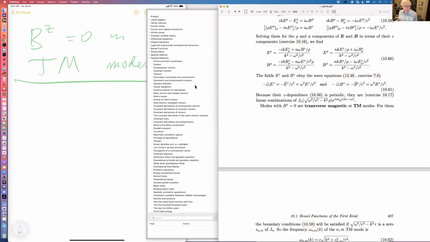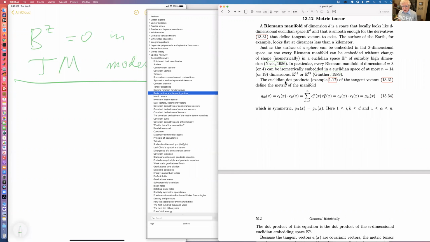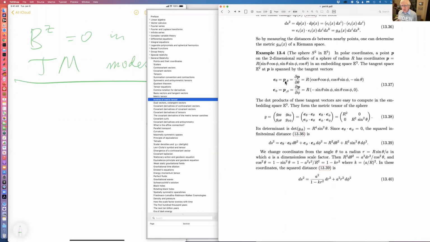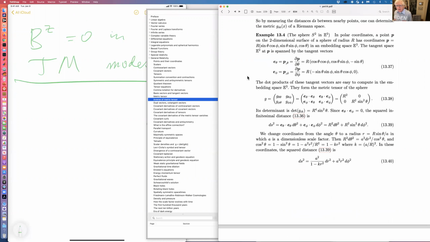And what I was thinking of was doing a couple of examples here. Just the sphere in 3 dimensions. E super 3 means 3-dimensional Euclidean space. So this is what we're really familiar with. The 2-dimensional sphere in that is called S2.